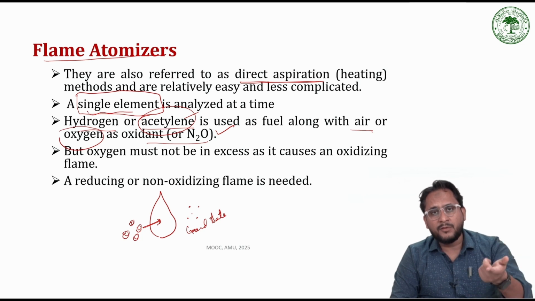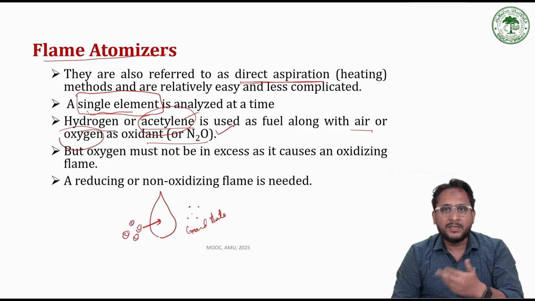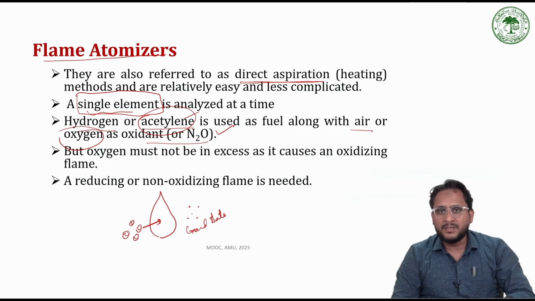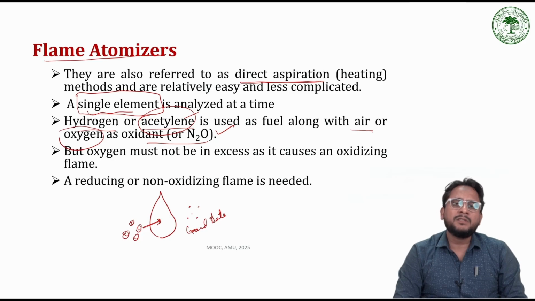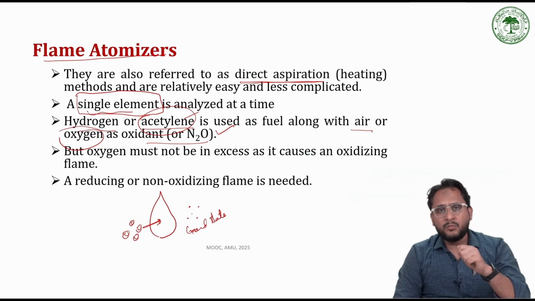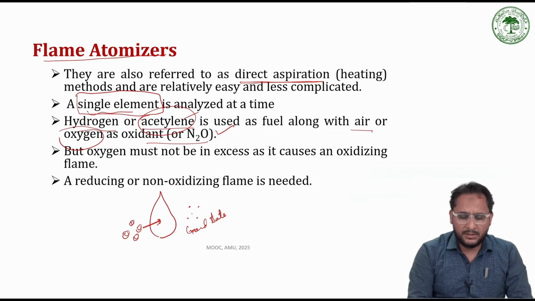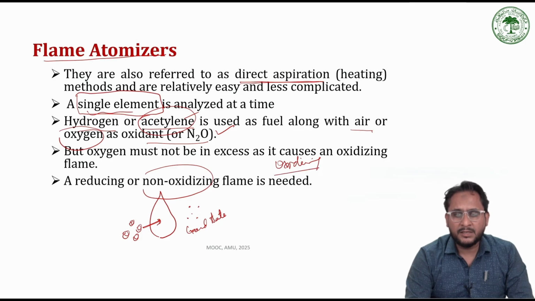We then need to convert that lead oxide again into lead and oxygen. That is not possible, because that much amount of heat is not available in atomic absorption. So most of the time we avoid using oxygen, just to avoid the formation of oxides. And one more thing, if oxygen is present in excess, it causes the flame to be an oxidizing flame.